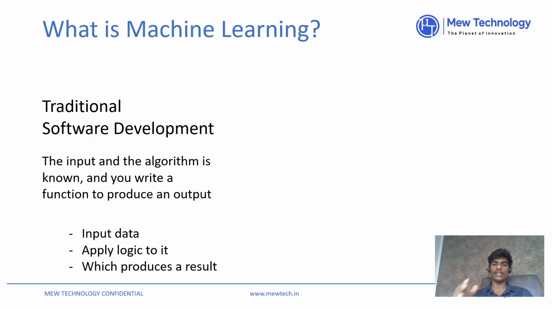I pass some input values, I get some output values. It's a very simple thing. You can do it in any programming language: Java, C++, C, Python. You write a simple function and you get the outputs. What do we need? We need an input value, we need logic. These two things are enough, you get the result.